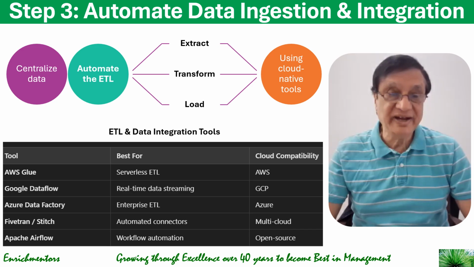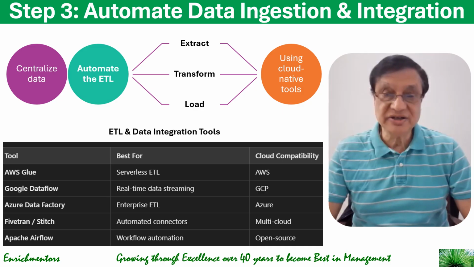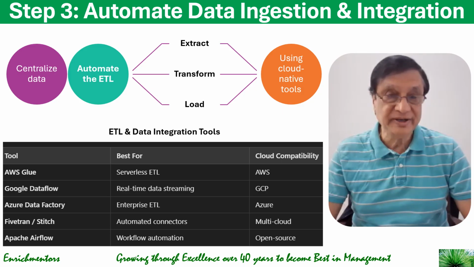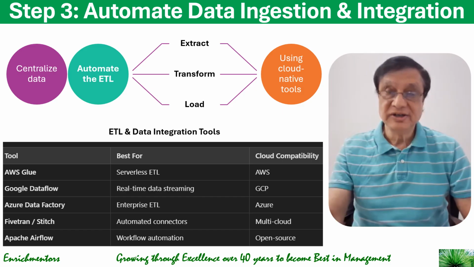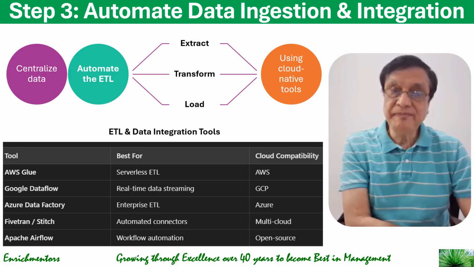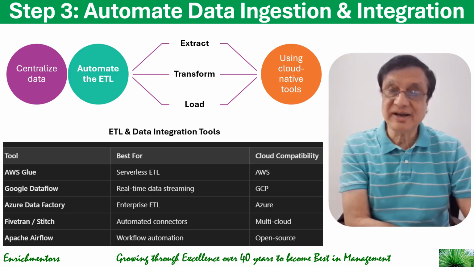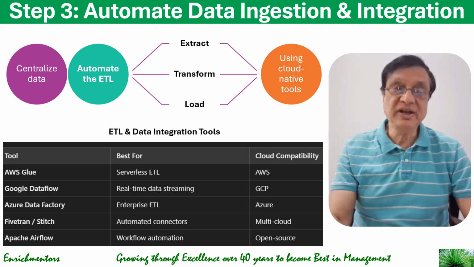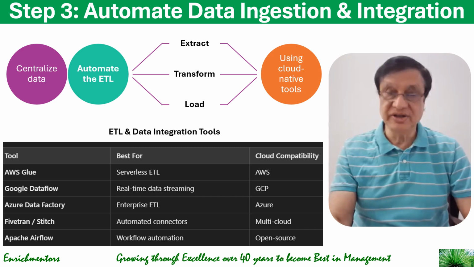Then there are Fivetran and Stitch, best for automated connectors, with multi-cloud compatibility. Then there is Apache Airflow, which is suitable for workflow automation, and it's open source. Now, how do companies use it? A fintech firm uses Fivetran to sync customer transaction data from PostgreSQL into Google BigQuery. So that's how you can automate data ingestion and integration.